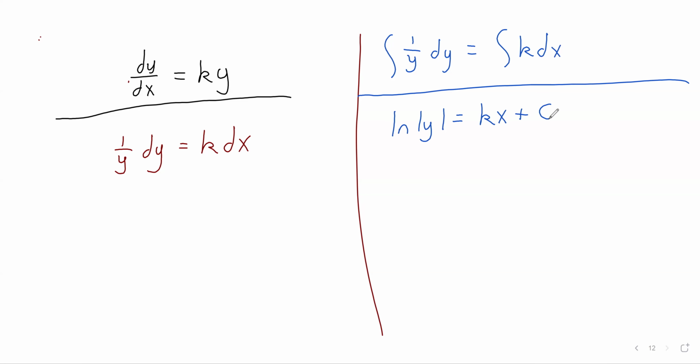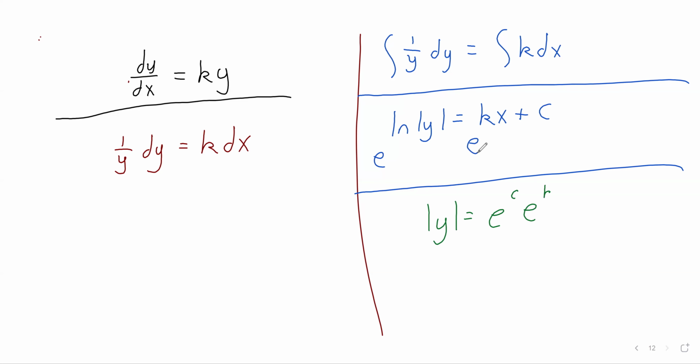Exponentiate both sides. Once again, e to the c is a constant, we'll just write the number there. Once again, we have an absolute value.